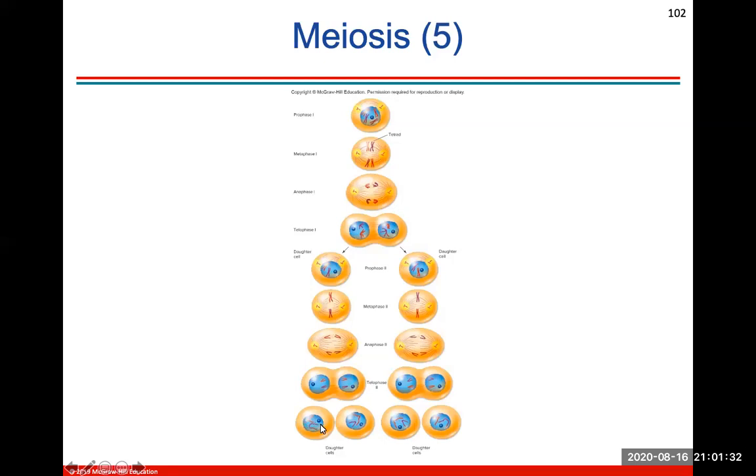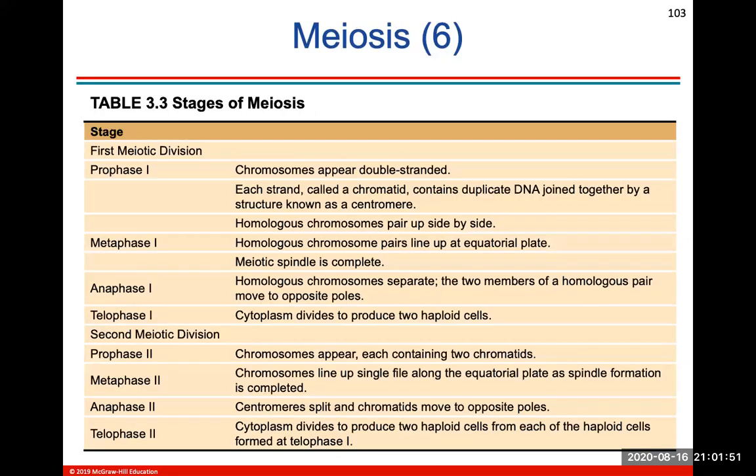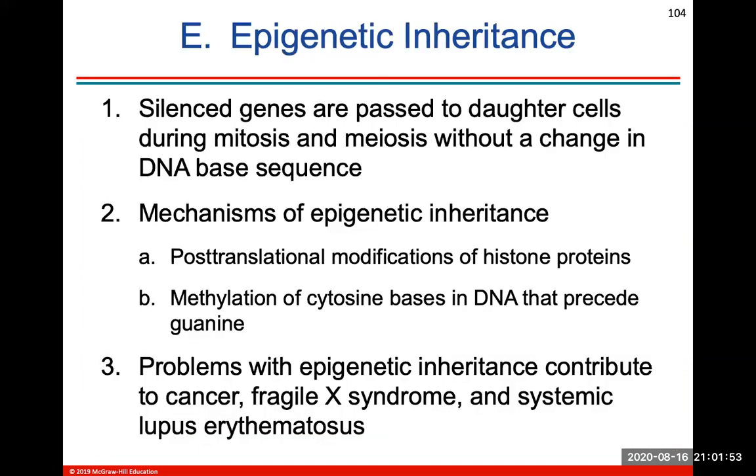And you can see that these 4 daughter cells will have 23 chromosomes, so they'll have half the normal chromosomes as needed because they're your ova and sperm. So when combined with another ovum or sperm, they'll complete the 46 chromosomes that are needed. So this takes you through the stages of meiosis.